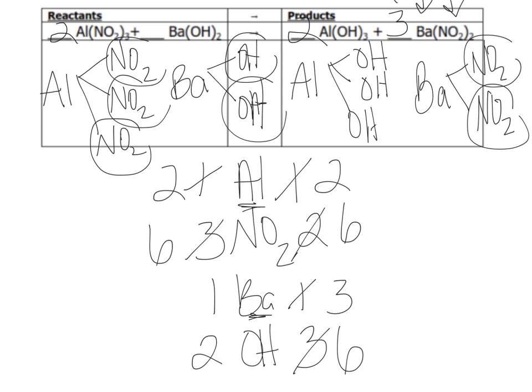Reactant only has 1. We'll put a 3 there, and now I have 3 bariums, and we also have 6 OH groups, and it looks like everything is good. And my coefficients are 2, 3, 2, 3.